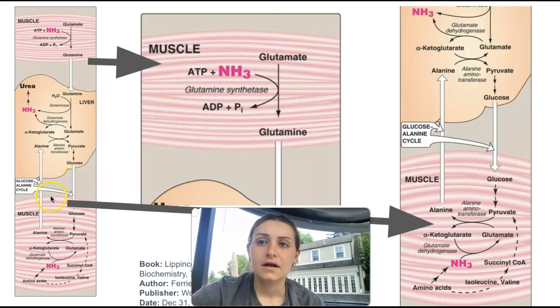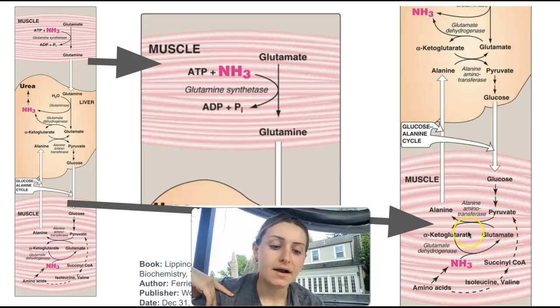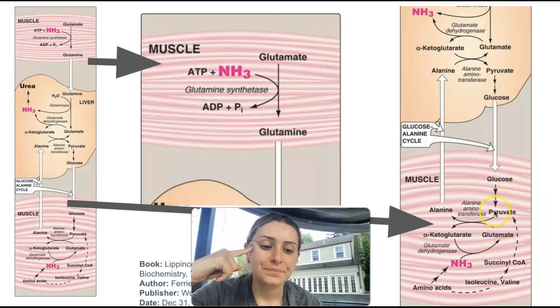And then I'm going to talk about the second mechanism that happens, which is on the bottom over here or over here on the right. So this involves transamination of pyruvate and glutamate to alanine and alpha-ketoglutarate via the enzyme alanine aminotransferase. So the pyruvate and glutamate transamination takes place.